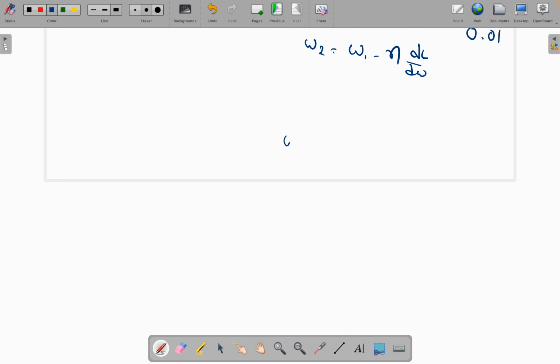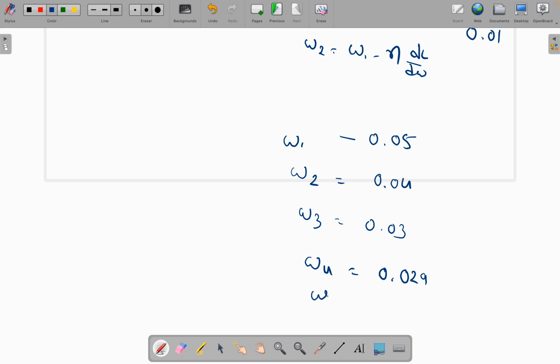Let's say when I was at W1, I get a loss of 0.05, at W2 I get a loss of 0.04, and at W3 I get 0.03. But now if I get W4, it would be 0.029, right? For W5 it would be 0.0289, something like this.